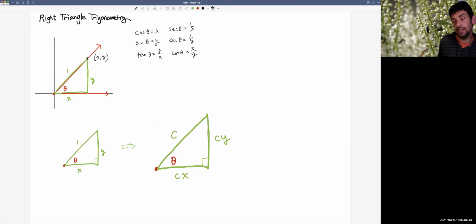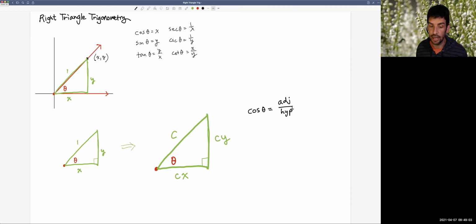Well, let's examine what probably are familiar definitions of the trig functions with this scaled triangle and see what we get. So for instance, if we take as our definition of the cosine of theta to be the adjacent side over the hypotenuse, let's just clarify this now. What do I mean by the adjacent side?